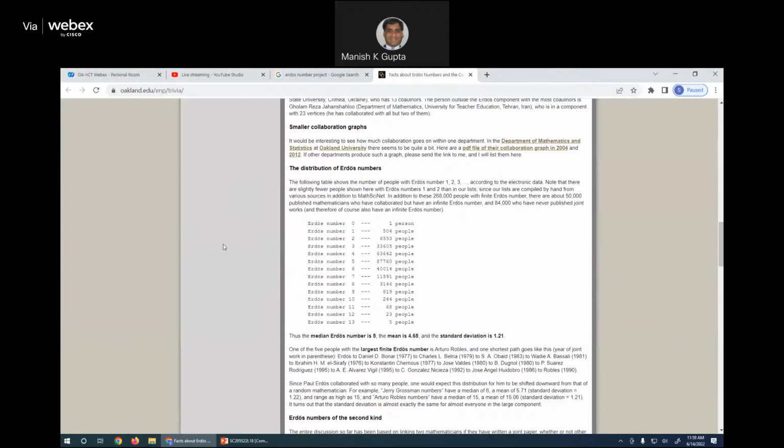Then 3, 33,000, so 3 has more. And then there is a decrease. Erdős number 13, there are only 5 people. There's a kind of distribution you can observe in the data. Anyway, this is something interesting. You can make a graph.